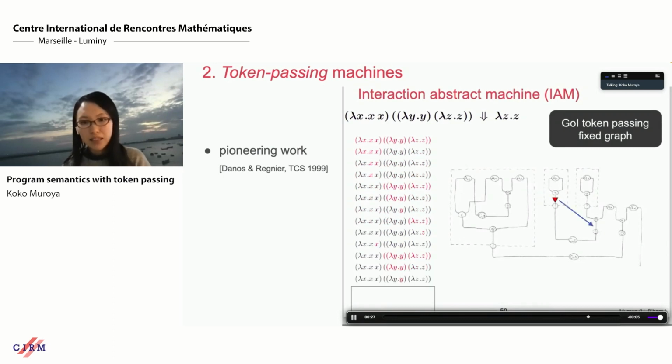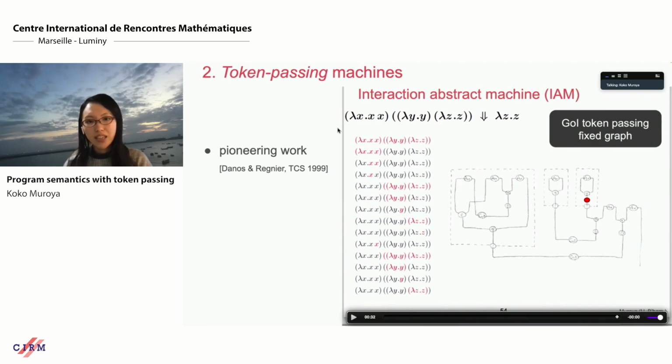And at the end, the token stops here, and this place indicates the result value of evaluating this lambda term. This box is the translation of this lambda term, lambda z.z. So this is how a token passing machine looks like when you run it.